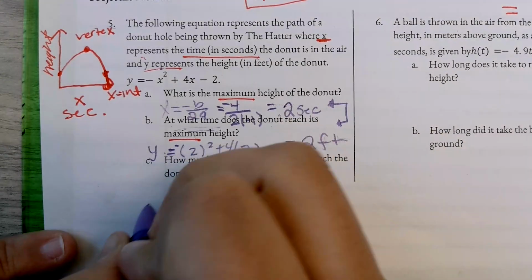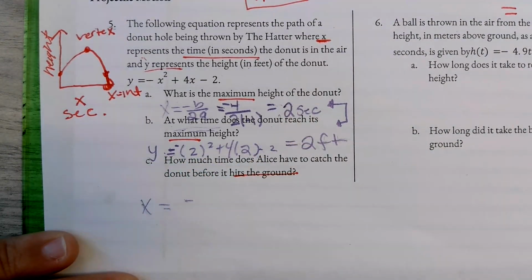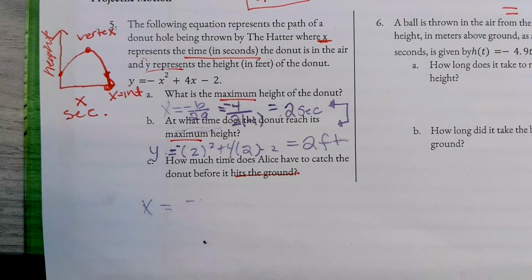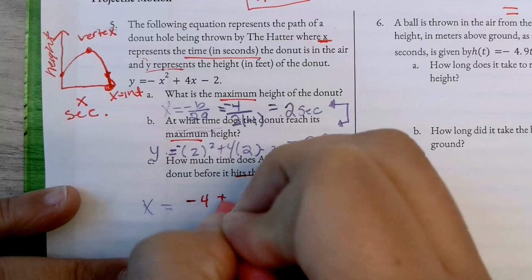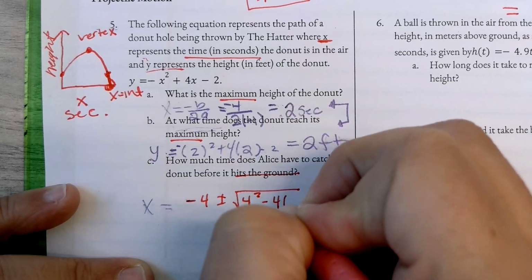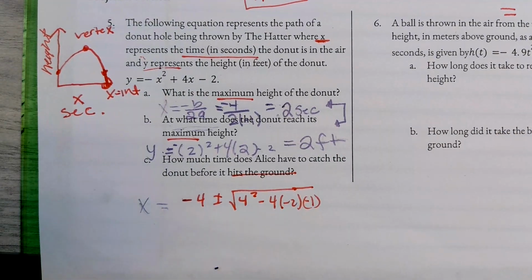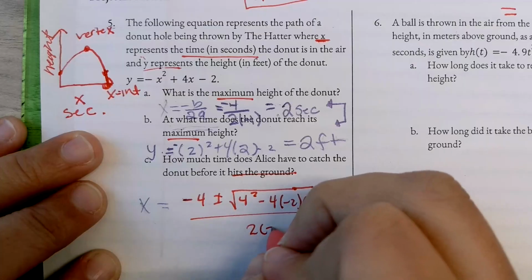So I'm going to use the quadratic formula. x equals negative b plus or minus the square root of b squared minus 4 times a times c, all over 2 times a.